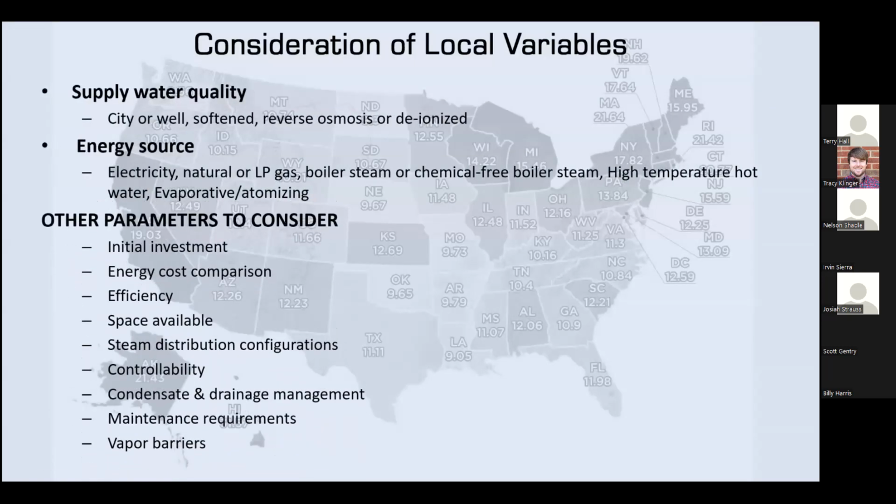So when selecting a humidifier, you want to consider other variables like, what are your energy prices, what's your water quality. This is a big one, and it's really variable depending on where you are. If you're in the Midwest, water quality can be pretty challenging. Places like Nebraska, Kansas, Oklahoma, Utah is another one out in the Mountain West.